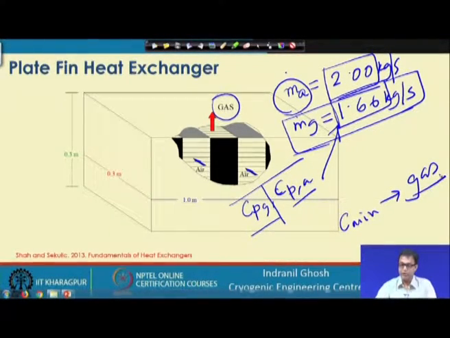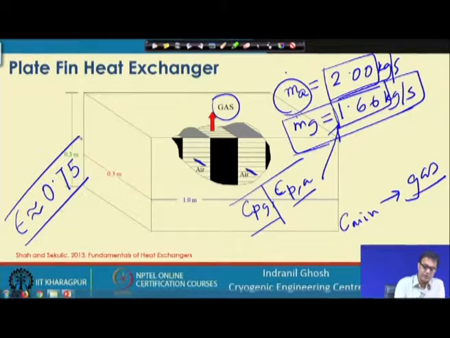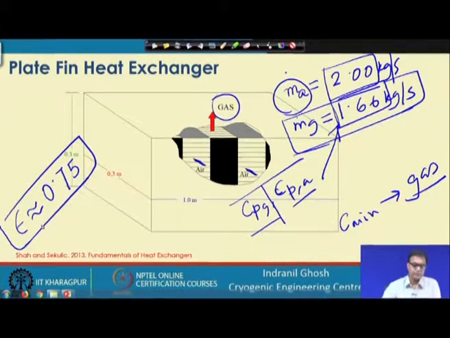Accordingly, we assume that the heat exchanger effectiveness is 0.75 for this cross flow type heat exchanger. This is the assumption we are starting with.